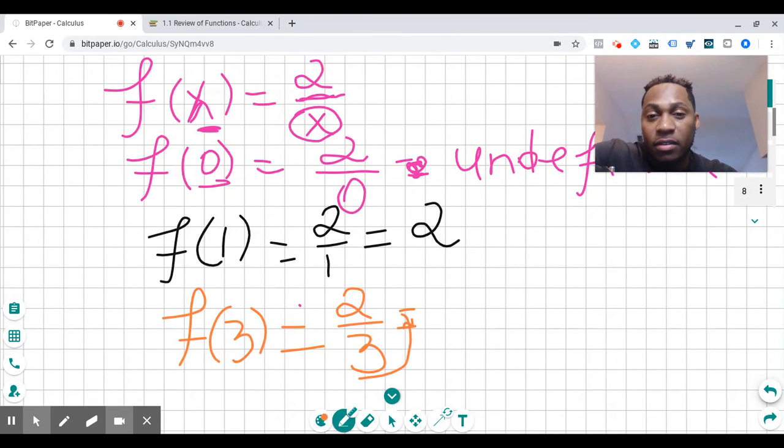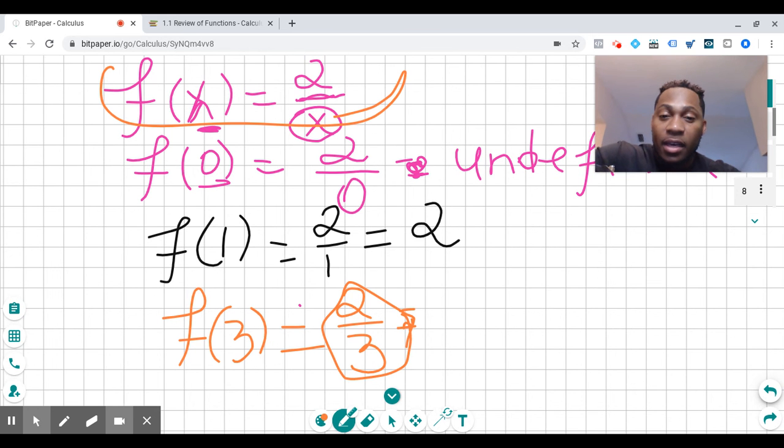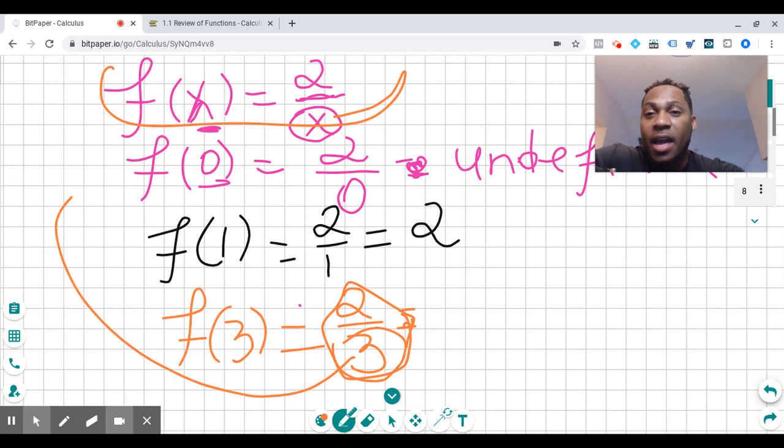And that's how you would solve this one. Remember, f of x is 2 over x. That's what we have to remember. In place of x, I have 3, so I replace the x by a 3.